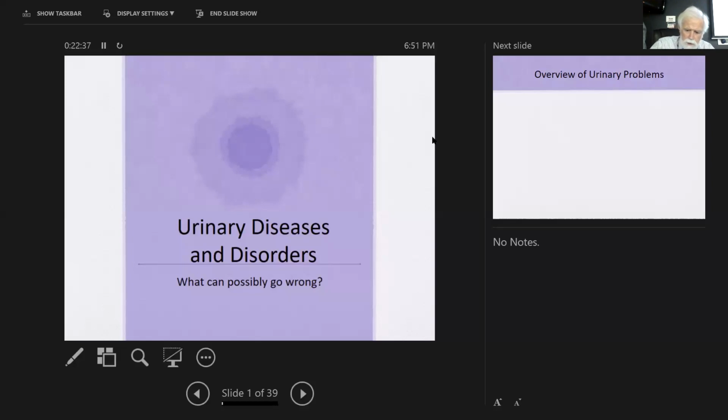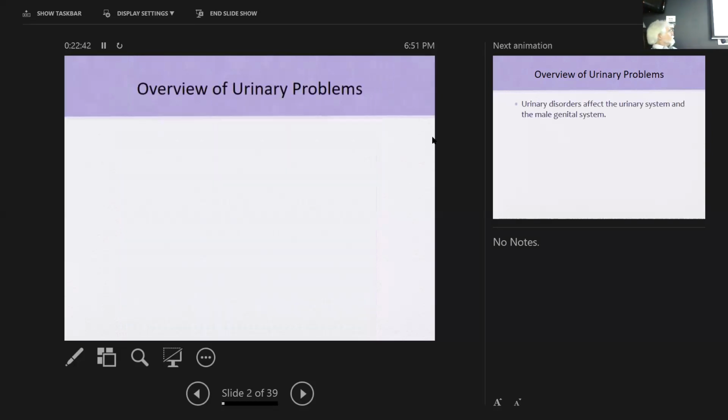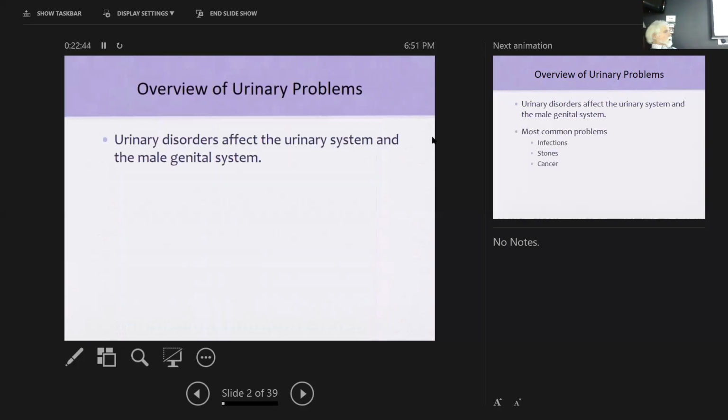Urinary tract diseases. This is a partial list that we'll be dealing with. Urinary tract disorders affect both the urinary system and, in men, their genital system, because they're intimately connected together. Infections, stones, and cancer.